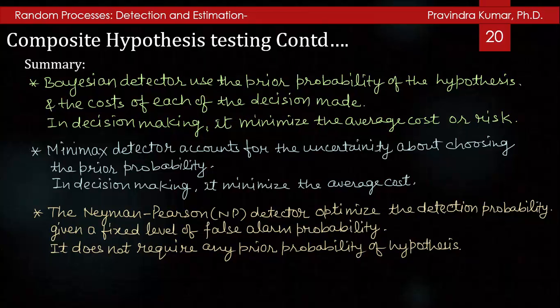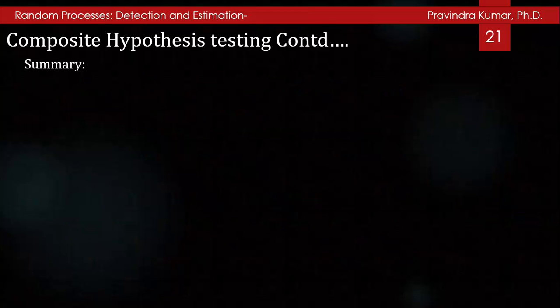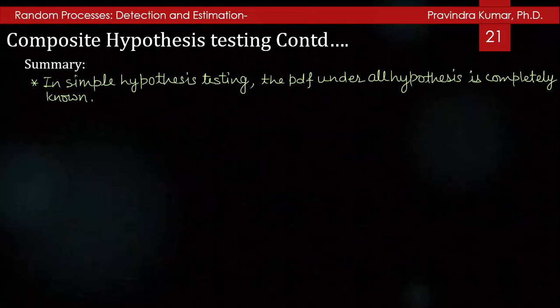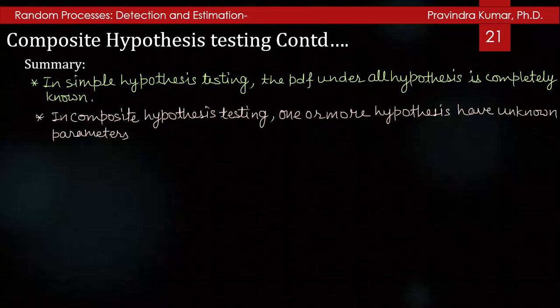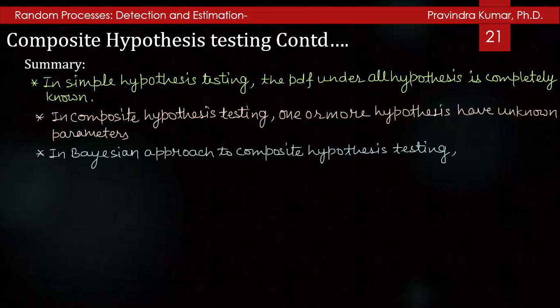As a result, it can be applied in almost all detection problems. In contrast to simple hypothesis testing, where the PDF under all hypotheses is completely known, composite hypothesis testing, where one or more hypotheses have unknown parameters, is much more challenging.